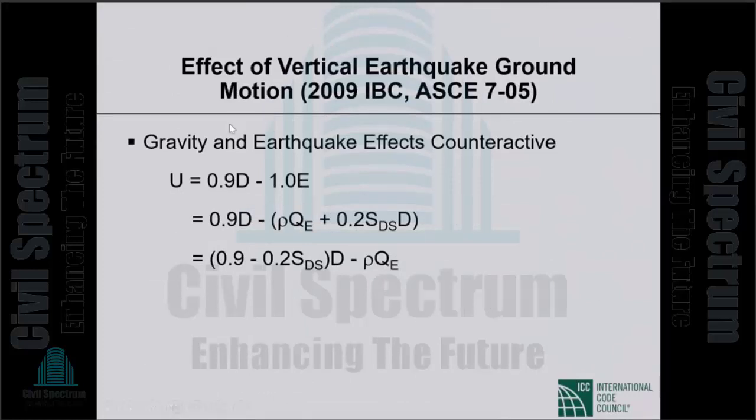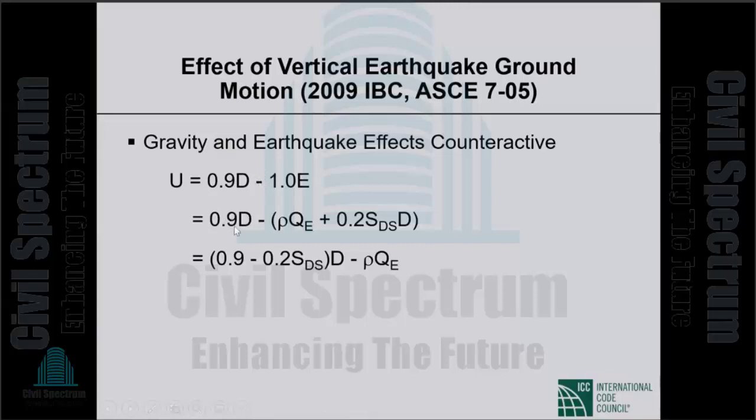In the counteractive load combination, 0.9 dead plus 1.0 E, I should have made this change, write this plus.